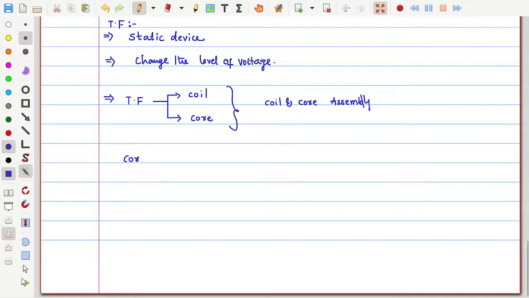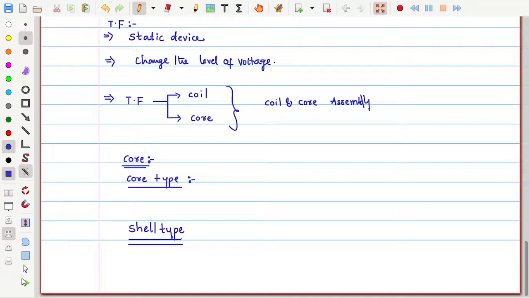For the core, based on the construction of the core, we have two categories. Transformers are of two types. One is the core type transformer. Another is the shell type transformer, based on the nature of the core. Here let me put the generalized idea.